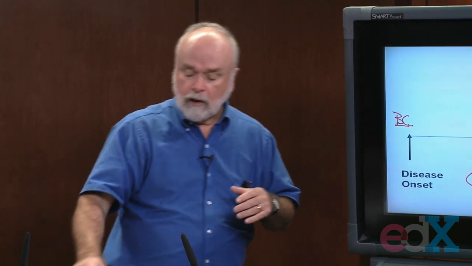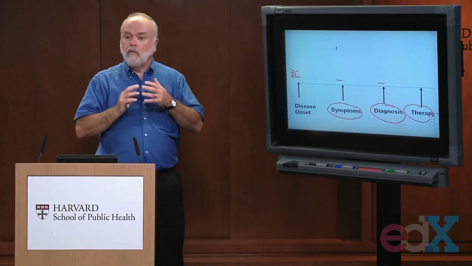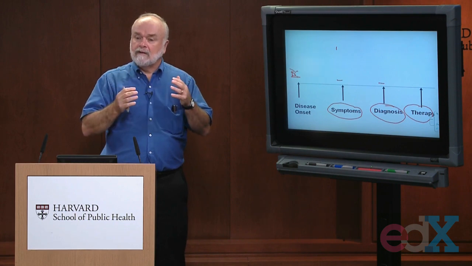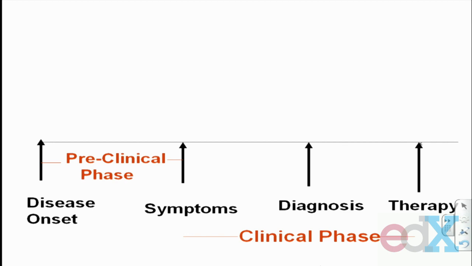Now let's go back and talk about this preclinical phase. Clinical disease occurs once a person has the symptoms, the signs of having that disease. So I could lay on this the period between when the disease actually develops and the time that the symptoms develop in that person. We can call that the preclinical disease. As far as that woman is concerned, there are no signs, no symptoms of her having breast cancer.